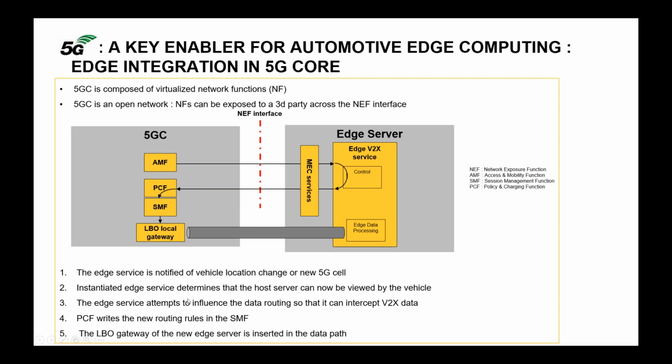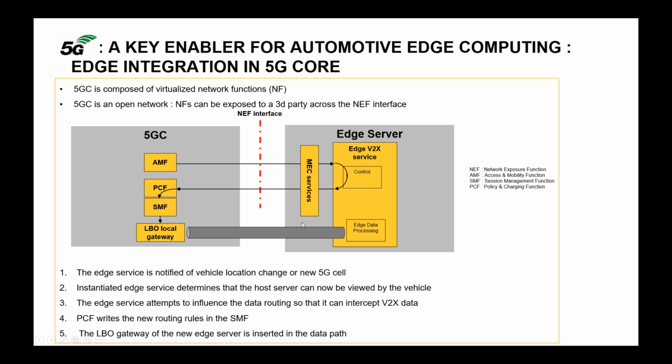For that purpose, it will write this routing rule in a 5G core entity, which is called PCF. SMF, which is registered to PCF, will get this new routing rule, insert a new local breakout point, and the data path of my V2X data will be changed, and they will now be intercepted by this edge service.